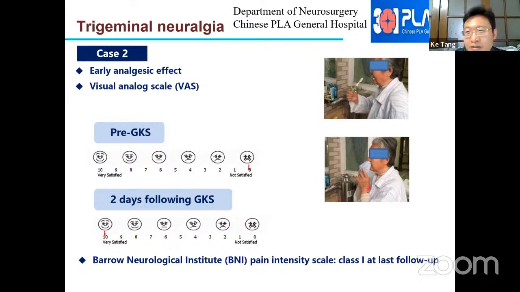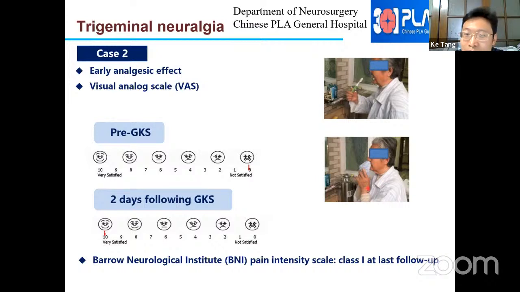As we know, microsurgery for trigeminal neuralgia gets earlier analgesic effects, but the analgesic effect is late if we perform gamma knife. But sometimes if we precisely target the location, the edema of the roots of cranial nerve 5 will let me achieve earlier analgesic effects.